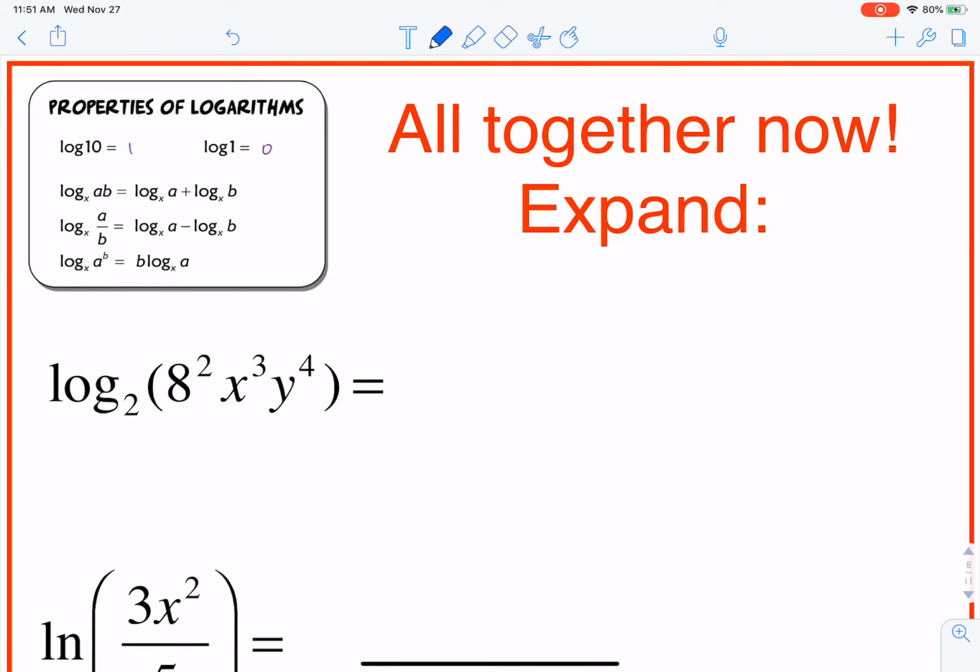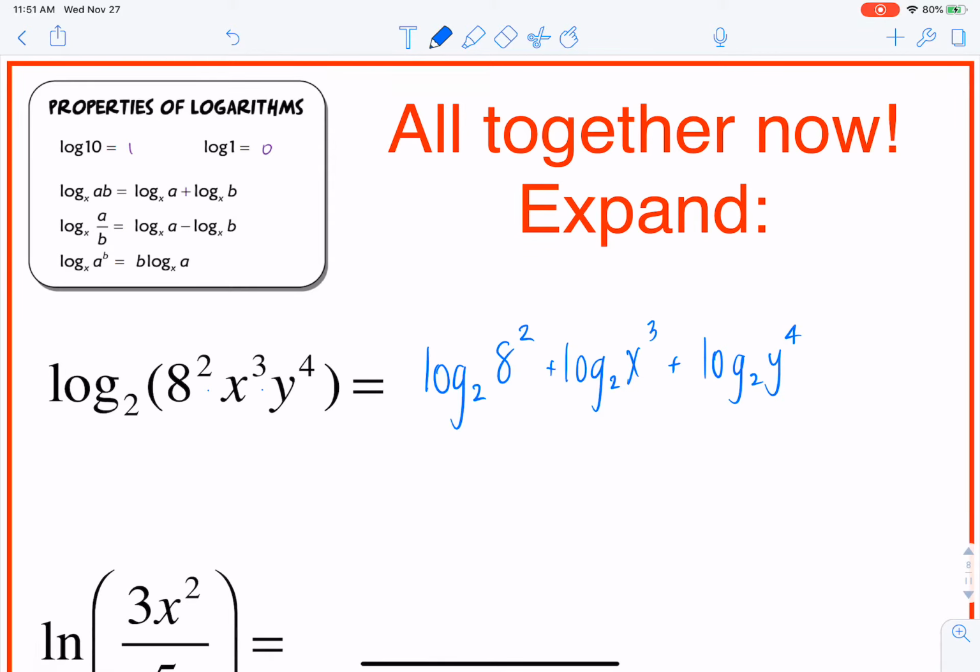So if I were to take a look at a nice example sort of all together, here I have log base 2 of 8 squared times x to the 3rd times y to the 4th. I could rewrite this as log base 2 of 8 squared plus log base 2 of x cubed plus log base 2 of y to the 4th.